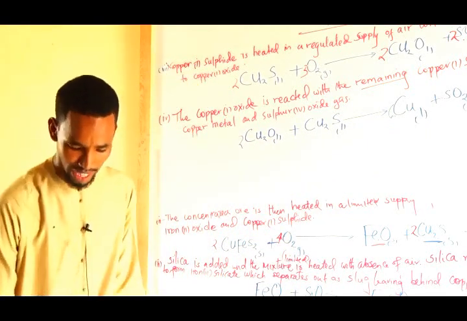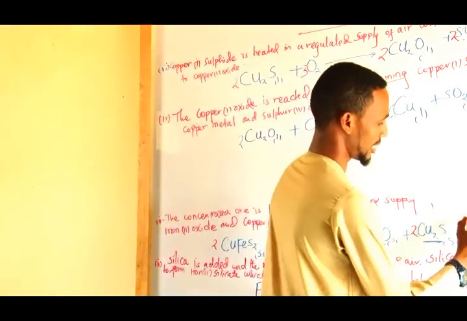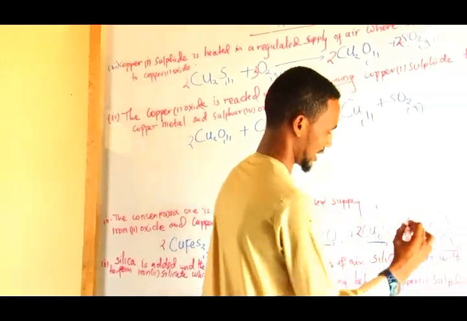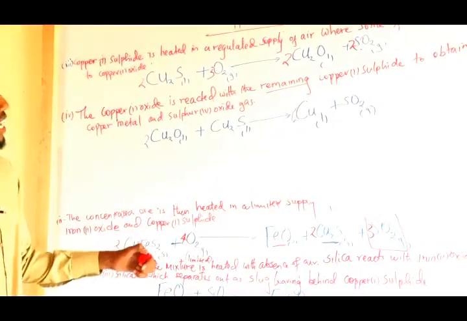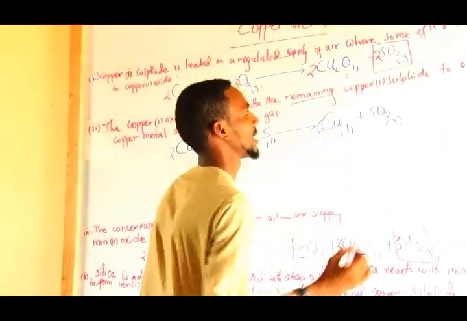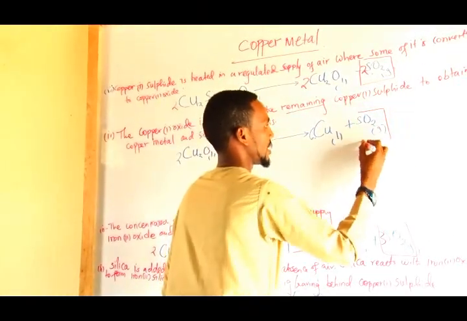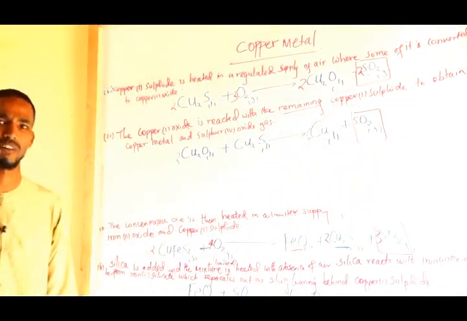But there's one thing. From our first equation, what has been formed is sulfur 4 oxide gas. Again, we have sulfur 4 oxide gas in our equation number 3. So what do we do with this sulfur 4 oxide gas?